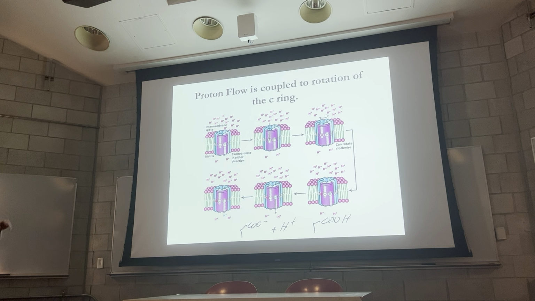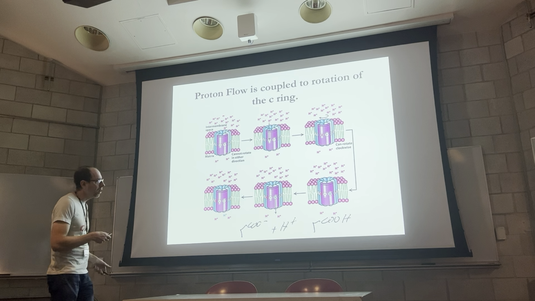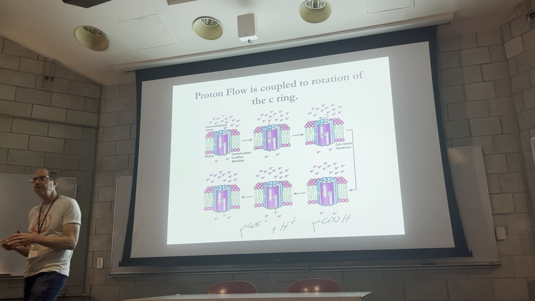Which one of these species is less favorable in terms of its interaction with a hydrophobic environment, which the membrane most certainly is? Which one would you choose on your exam? You would say the COO minus, because negative charges that are unpaired are extremely unfavorable.